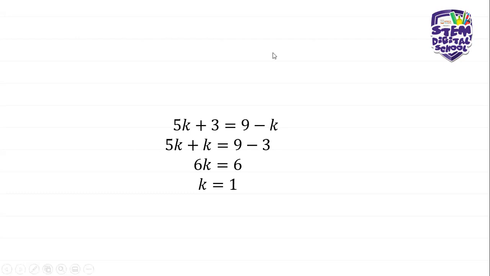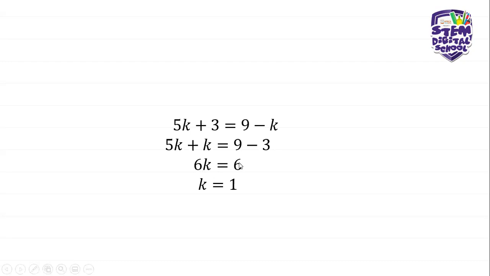Hence, we now have 5k plus k. And then if you now take the +3 from the left-hand side to the right-hand side, again, it will change the sign. The sign will be negative. So once you are at this point, you can add or subtract your like terms. On the left-hand side, it's 5k plus k, which is 6k.